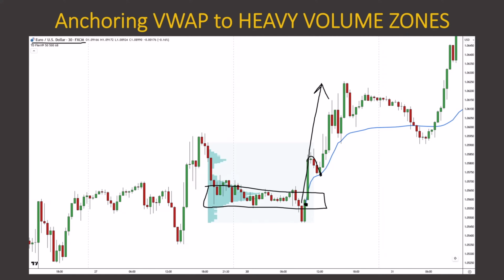So this is the first pullback, this is the second pullback, this is the third pullback. In this case it looks like the price went below VWAP and didn't really respect it, but if you look here, it was not even 10 pips, so nothing too terrible. I would still count this as a viable reaction to the VWAP.